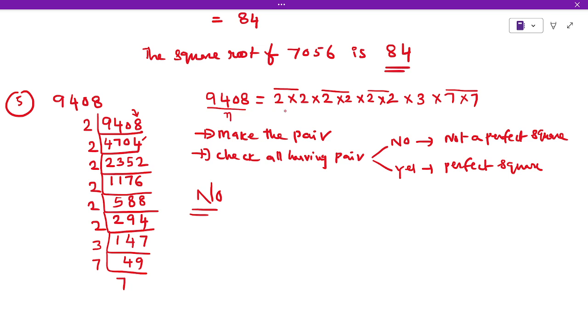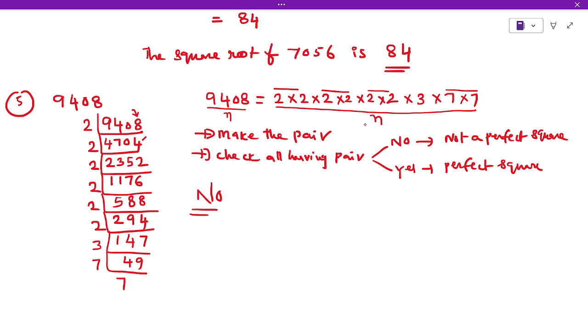Let's say n. When I am dividing 9408 by n, it means I should also divide the number by the same n, because both sides should be balanced. So which number should I divide 9408 by so that it becomes a perfect square?